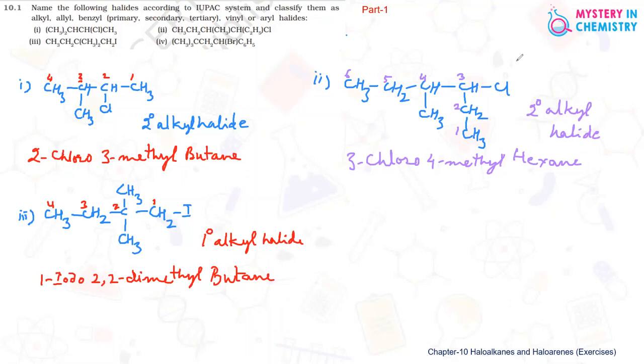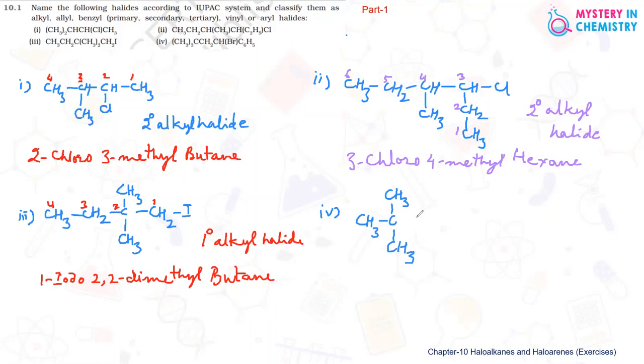And now come to the last one, the fourth one. Here again you are looking at the structure which is given and making the expanded form of it. So all 3 methyl groups are attached to only one carbon atom.